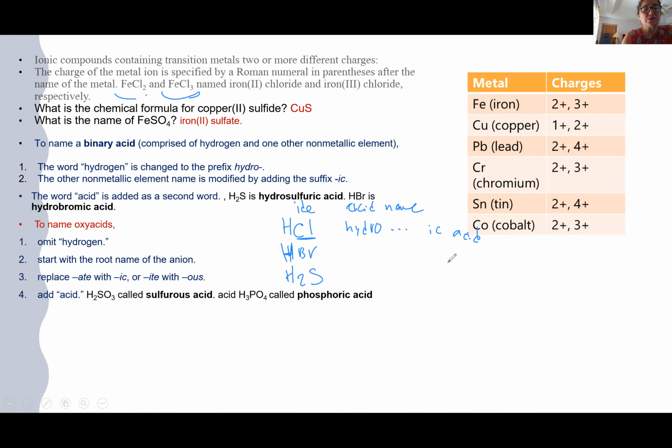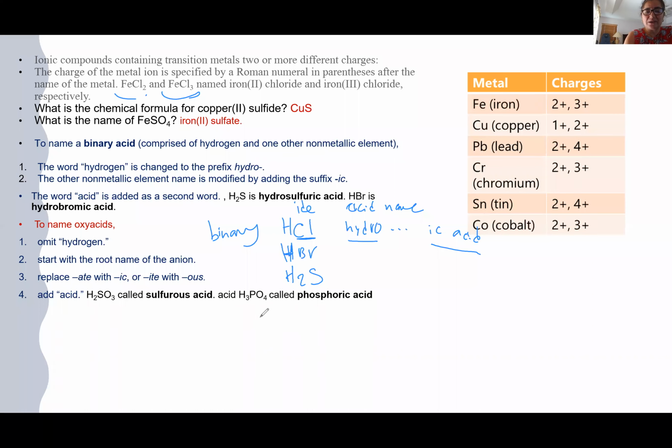So you would use hydro and then ic acid: hydrochloric acid, hydrobromic acid, hydrosulfuric acid. Okay. So you start with hydro and end with ic acid. This is for a binary acid, meaning hydrogen and one other element. It doesn't have any oxygen.